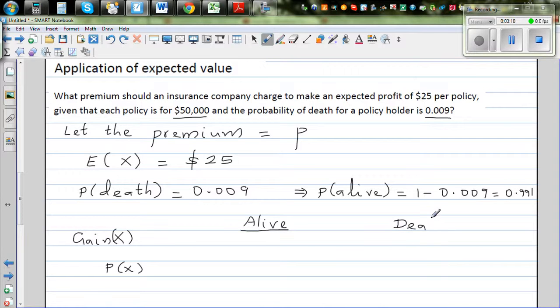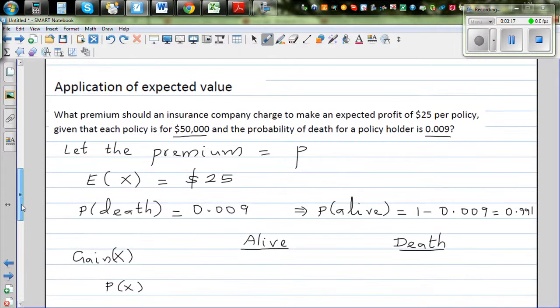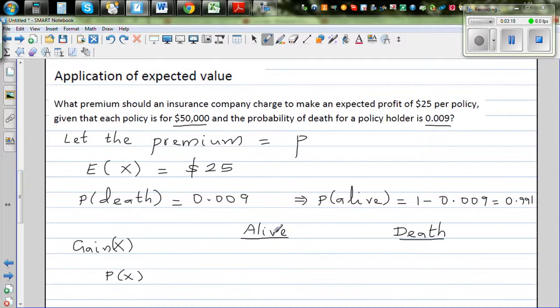If the policyholder is alive, the insurance company gains the premium P, and the respective probability of that happening is 0.991.